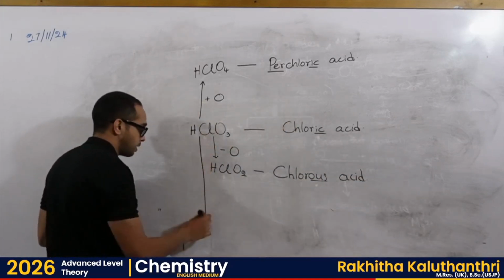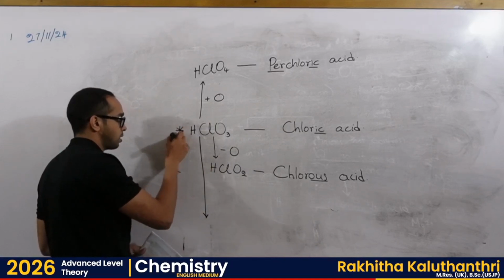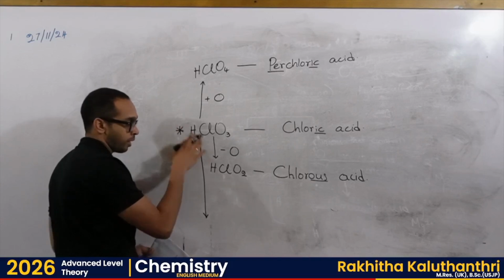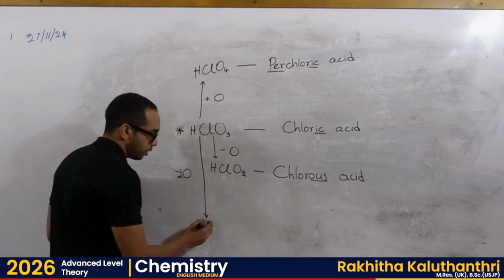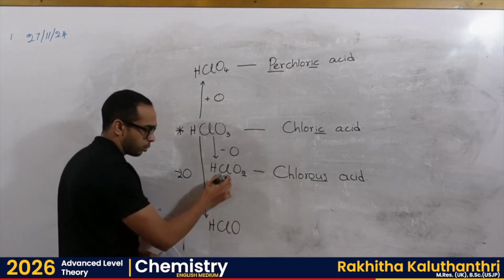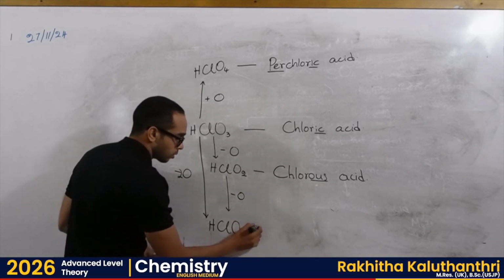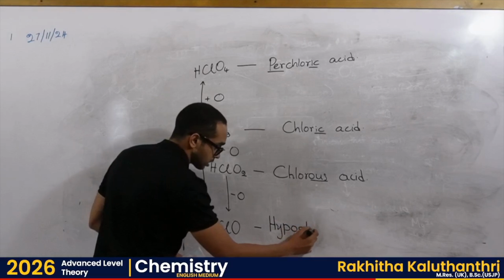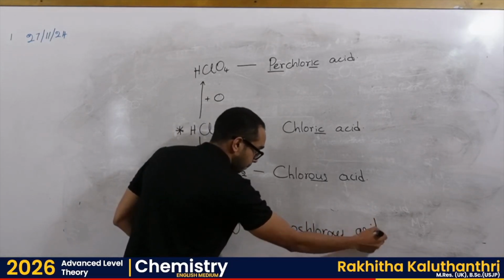And if you subtract two oxygens from this, this is the reference point, students. The chloric acid is the main acid. So from there, if you take two oxygens away, then you get to HClO. From chlorous to here is just one more oxygen, and that is called hypochlorous acid.